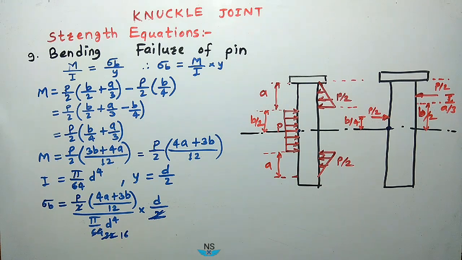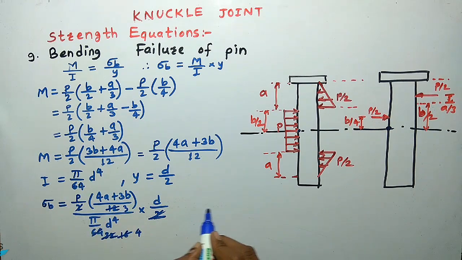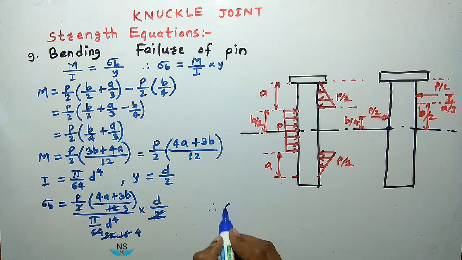Then 12, 4 into 3, and 4 into 4 is 16. So this 4 in the denominator will go to the numerator.